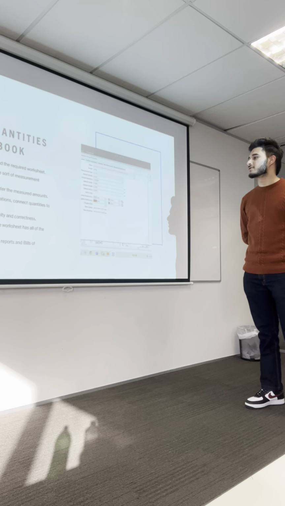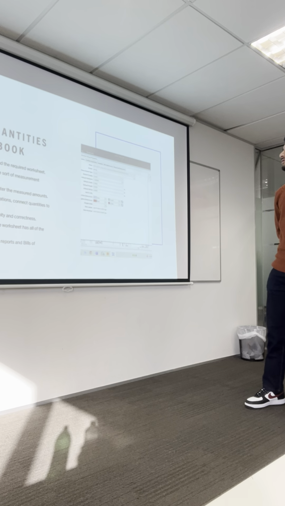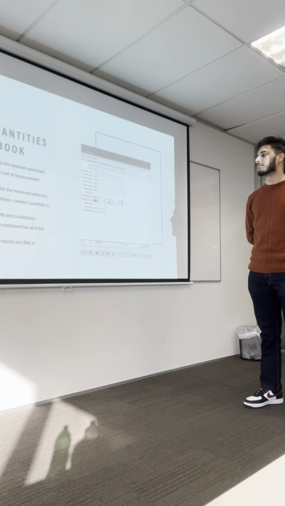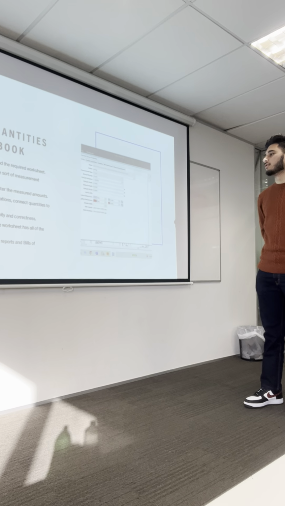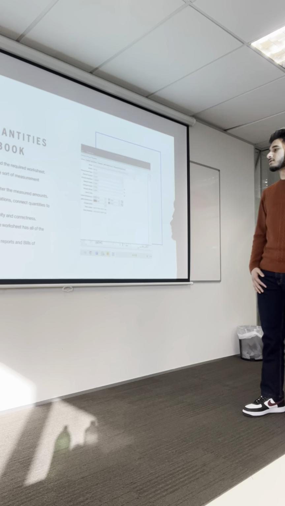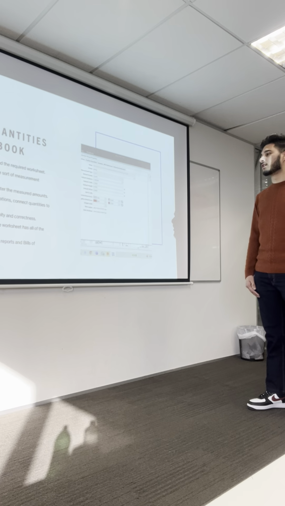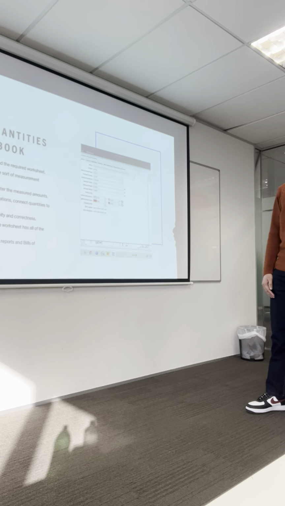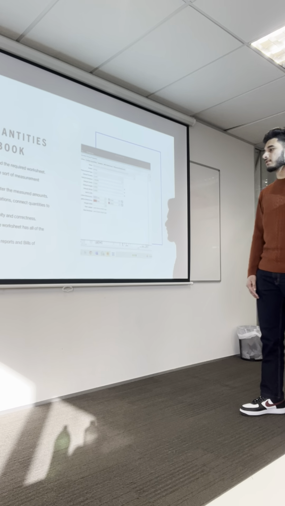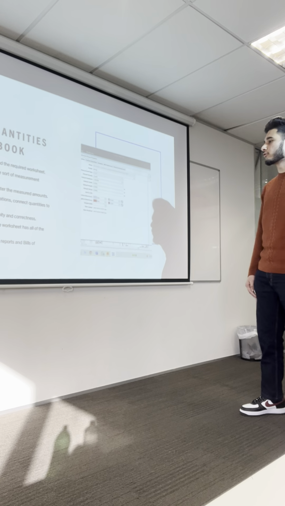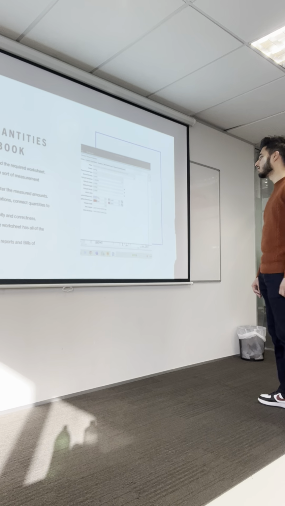Determine cost for precise computations, connect quantities to cost information, examine the entries, verify the uniformity and correctness, and save modifications so the worksheet has all the updates saved. Produce reports: make cost reports and bills of quantities using the data.